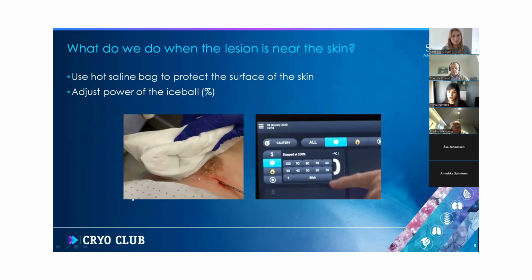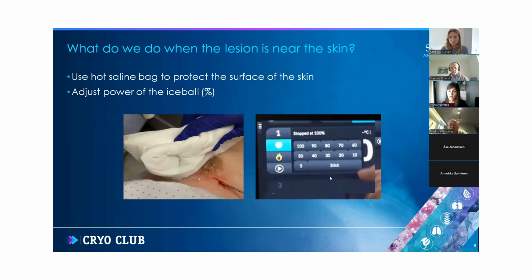And also, the Boston system allows you to lower the power of the ice as a percentage, as you can see here. And this is very useful when you're getting close to the skin to protect the skin from freezing. And this is enough. We do not do hydrodissection. Actually, we think it is not necessary for the breast.